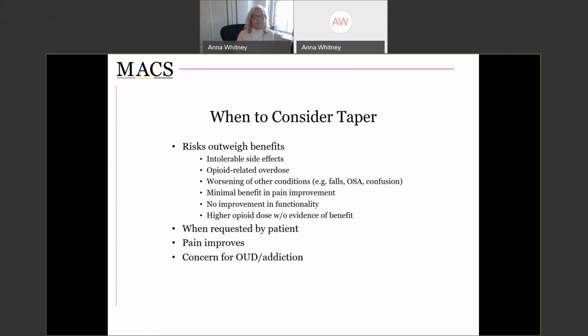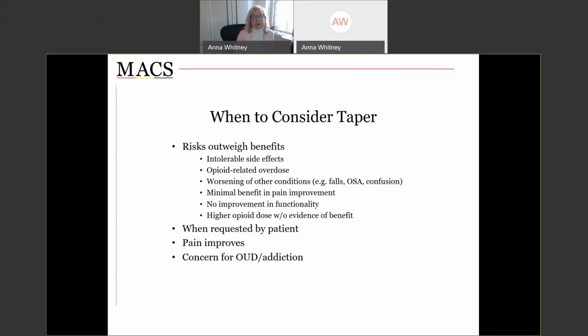potential benefits. If there has been minimal benefit in pain improvement or no improvement in functionality, sometimes that becomes a little harder to really tease out.